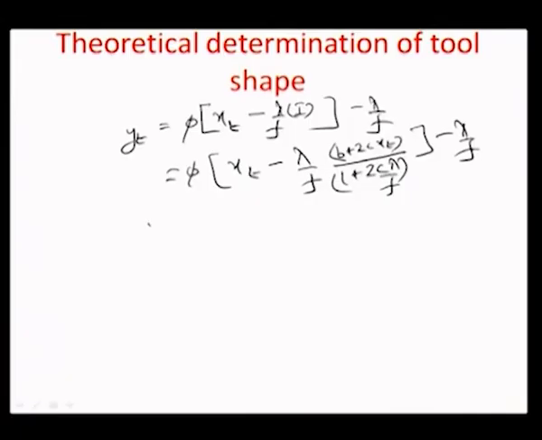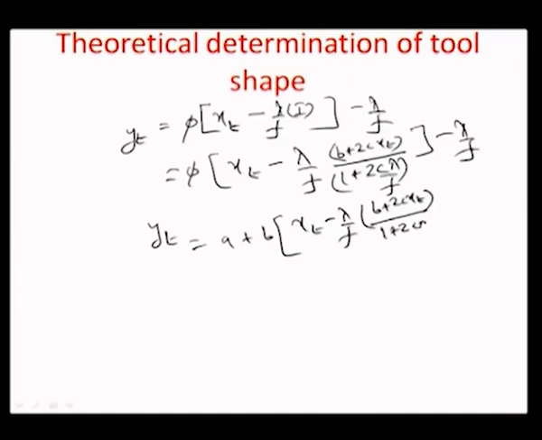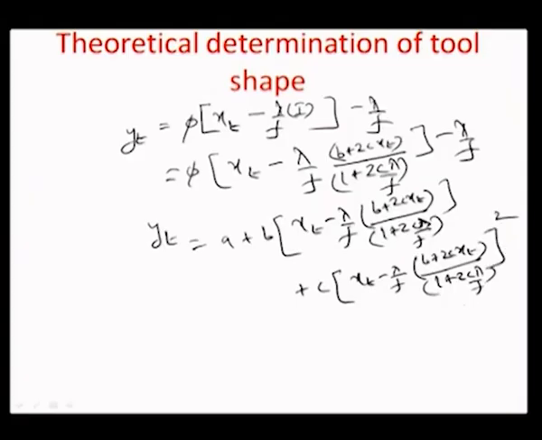And then of course, you already know that yt is written as a function of phi here, which means it is a plus b times this argument which has been formulated. So we are mapping the function now. Plus c times xt minus lambda by f times b plus twice cxt divided by 1 plus twice c lambda by f, whole square, minus lambda by f.